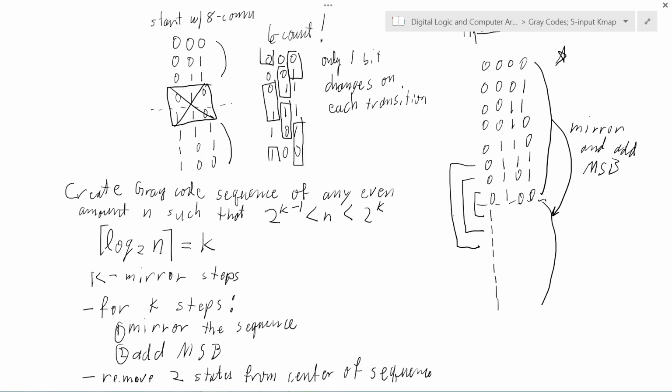Therefore, we need to develop the 16 count and then remove 2 counts repeatedly until we get down to a 10 count. So once we've removed these entries, we have a 10 count. 1, 2, 3, 4, 5, 6, 7, 8, 9, 10. So there's our 10 count.